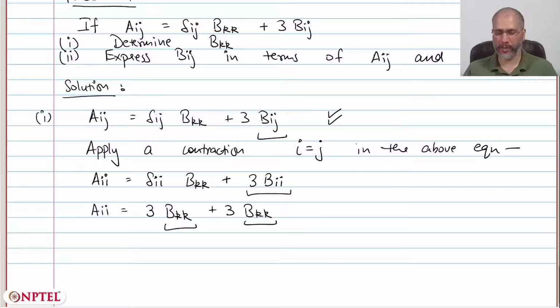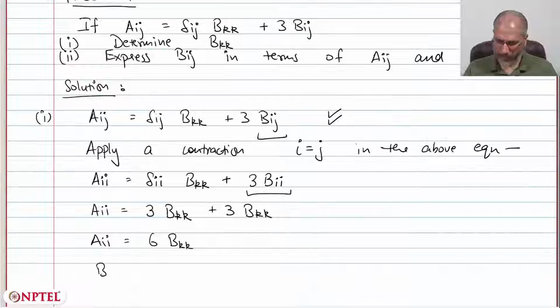With time and experience, you will figure out that bkk in an expression is the same as bii. You may not have to do this step, but for now let's go slow. So we can easily now add them because they are exactly the same with the same indices. So this is 6 times bkk.